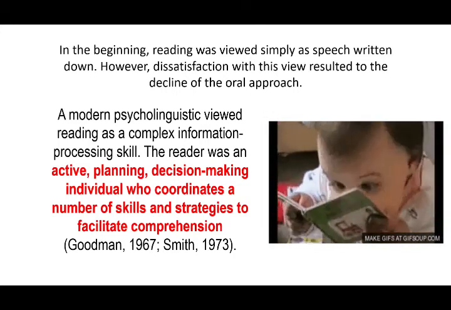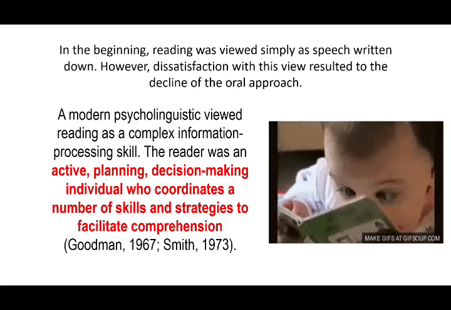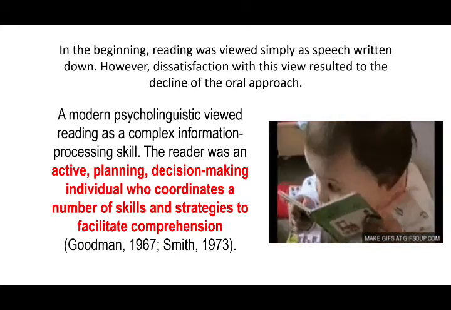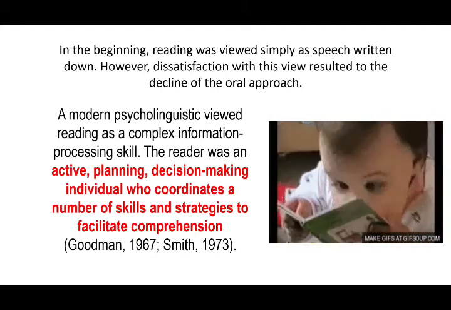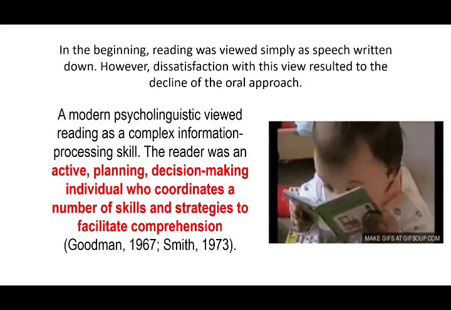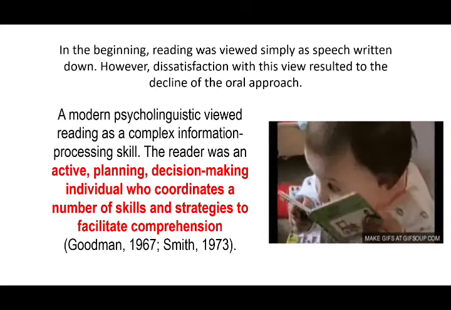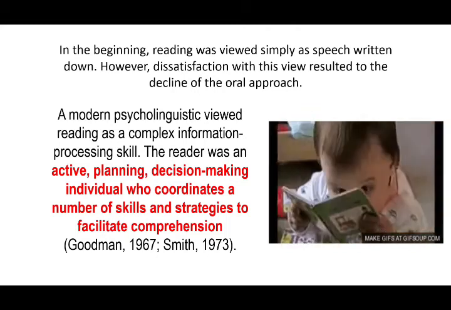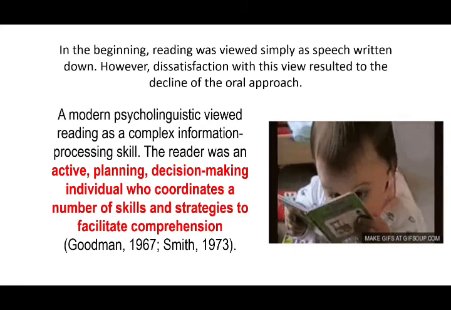Schema theory also has something to do with this. It recognizes that background knowledge facilitates the reader's comprehension of the text. So, when you say schema, class, this refers to our prior knowledge about a particular idea or concept.